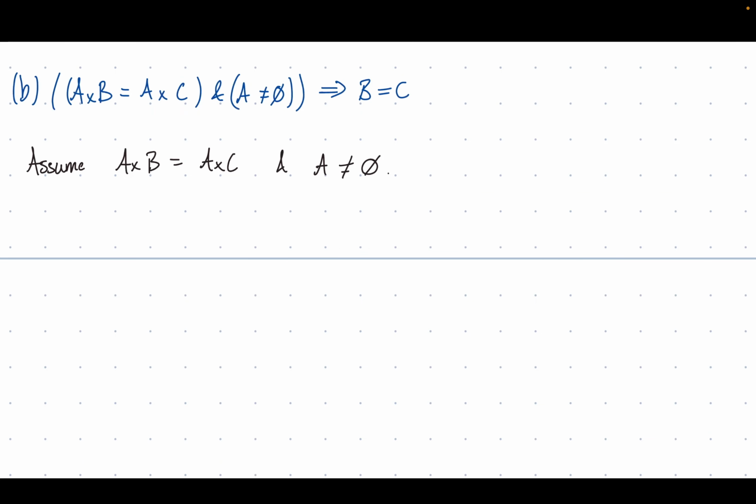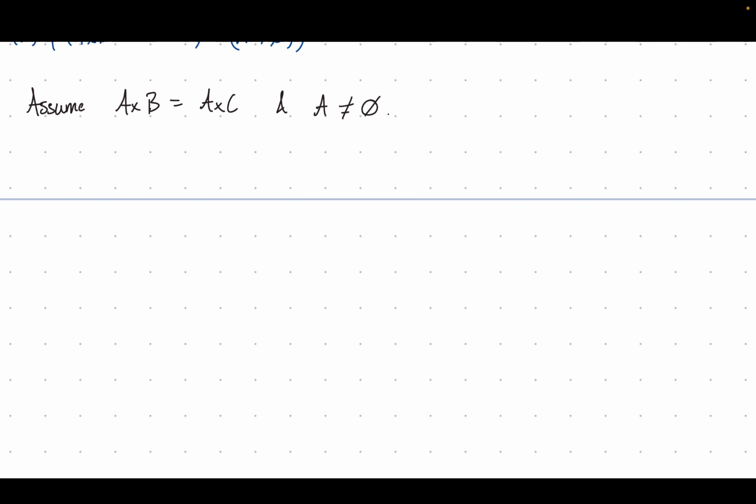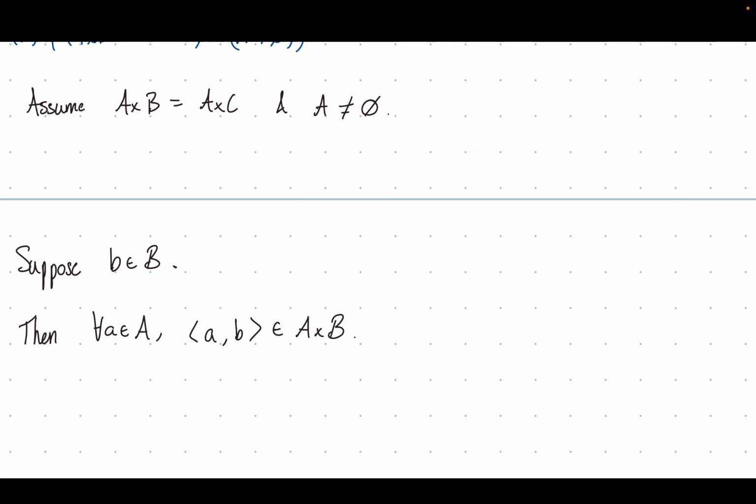So let's do this. Suppose little b is in big B. Then for all a in big A, a comma b is in A cross B. Right?